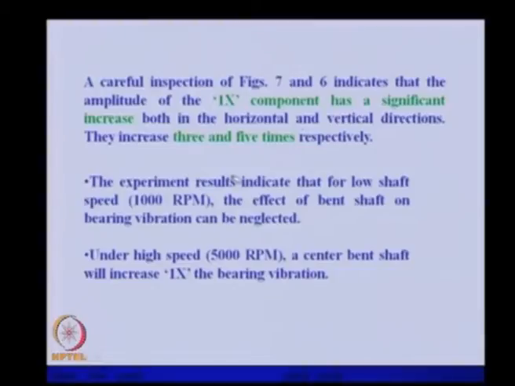The experimental results indicate that for low speed, the effect of a bent shaft on bearing vibration can be neglected. Under high speed, 5000 rpm, a center-bent shaft, where the bend was at the center of the shaft, will increase the 1x of the bearing vibration. So we are measuring the vibration at the bearing.